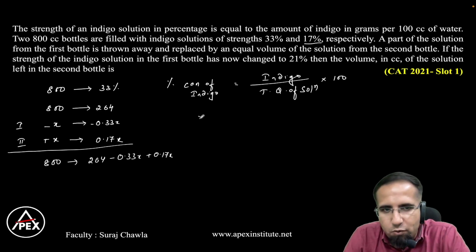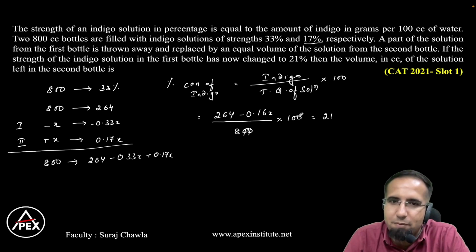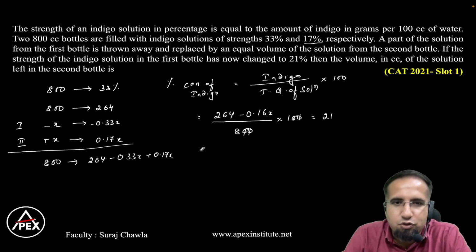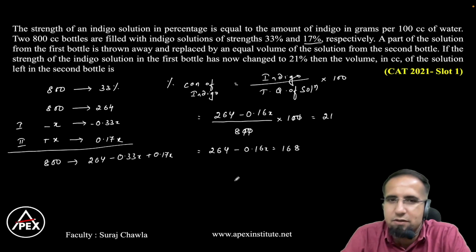So here we know that the quantity of indigo is going to be 264 minus 0.16x divided by total quantity 800 multiplied by 100, and this percentage given to me is 21 percentage. So this 00 gets cancelled.